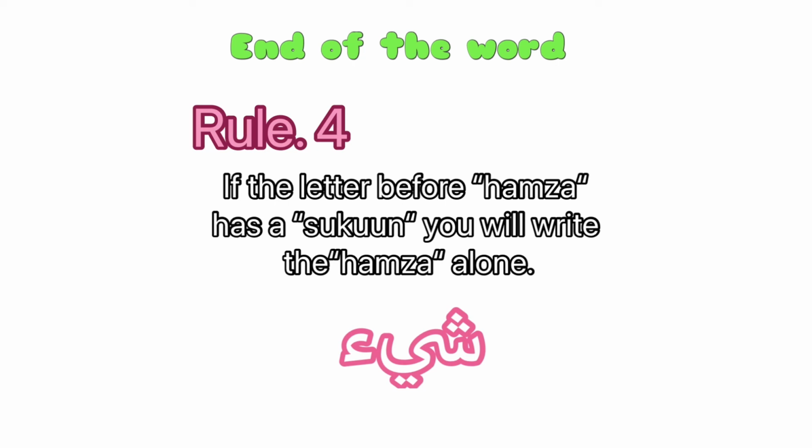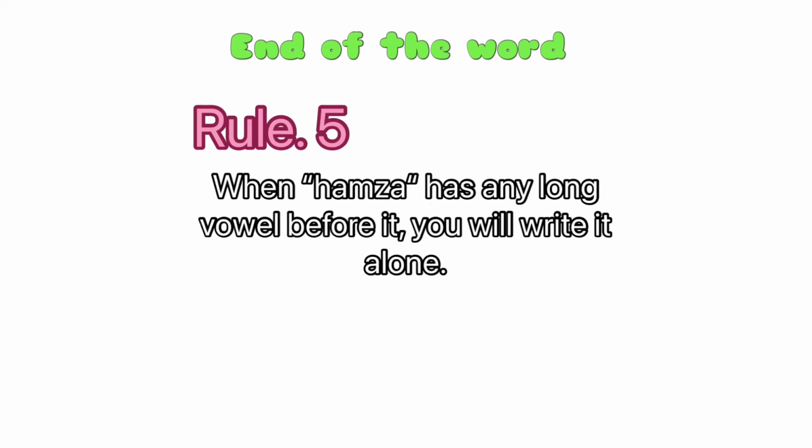Shay means something. And finally, when the letter before the hamza has a long vowel such as alif, waw, and ya, then you will write it on its own, such as sama, which means sky, and hudu, which means silent.